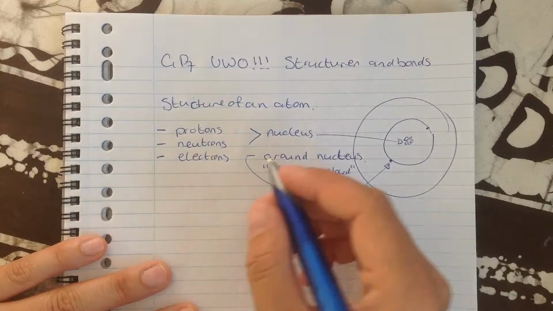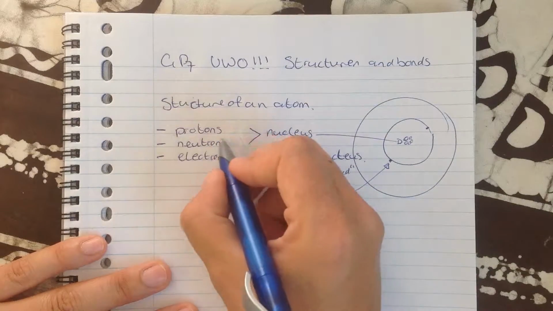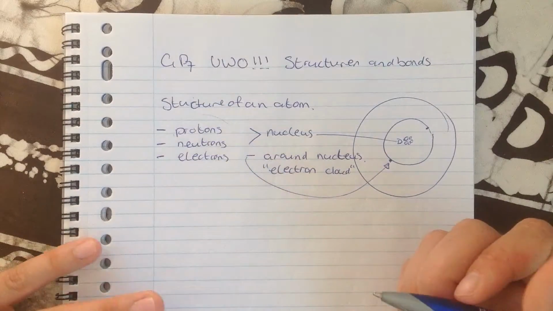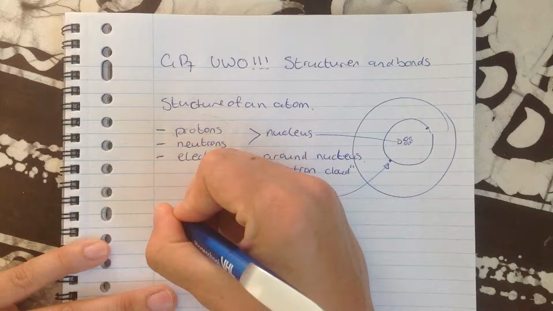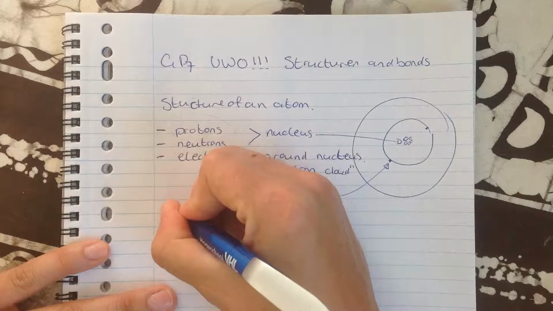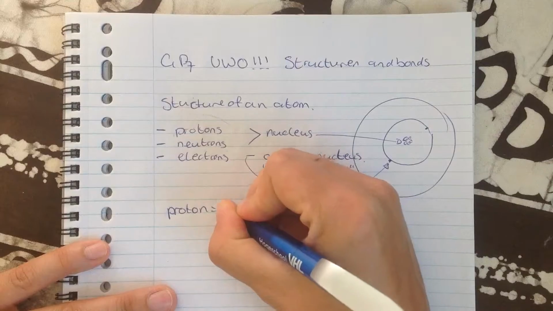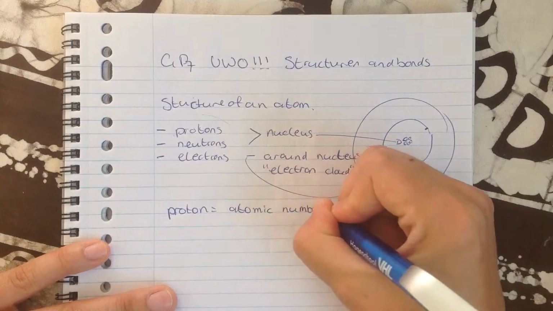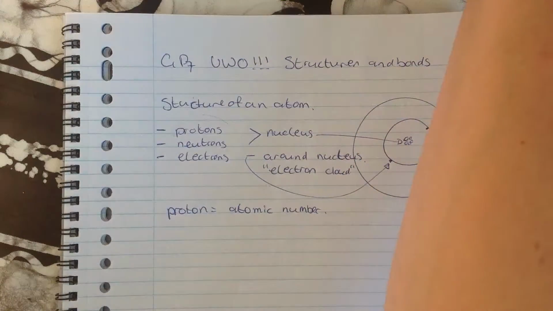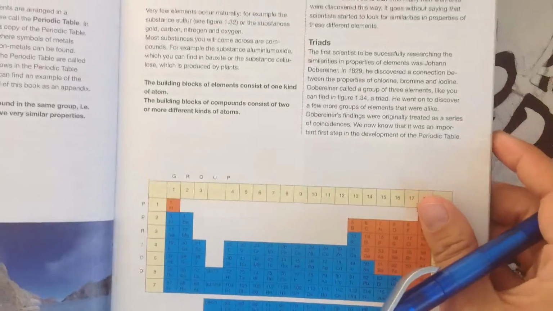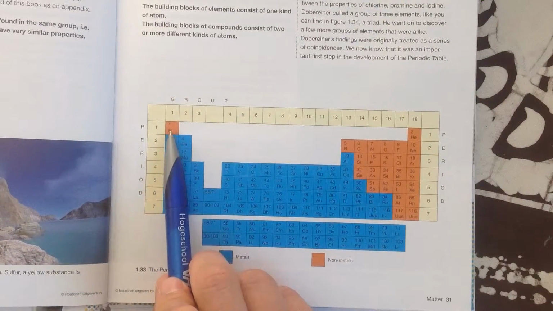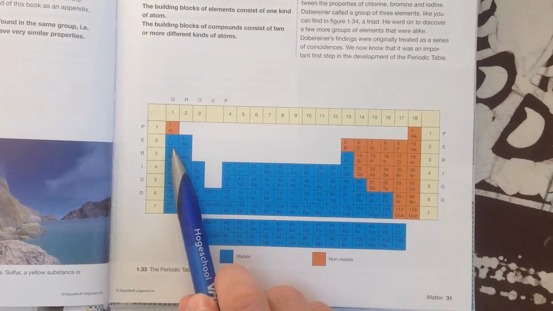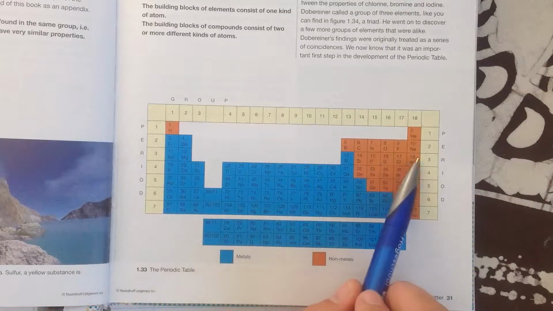Okay, so you can define the number of protons, neutrons, and electrons by knowing something about the atom. The number of protons is always equal to the atomic number. When you go back to the periodic table in your book, you will find numbers with all the elements: 1 for hydrogen, 2 for helium, 3 lithium, 4 beryllium, and so on.